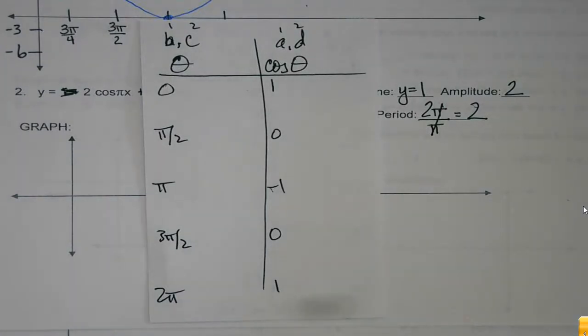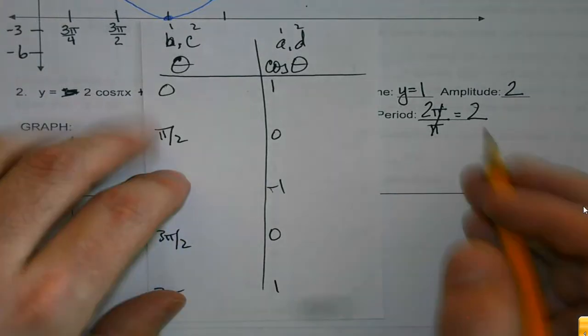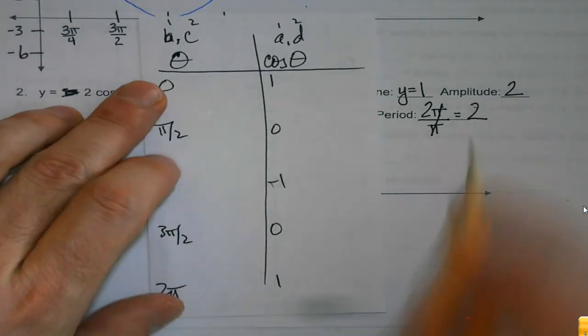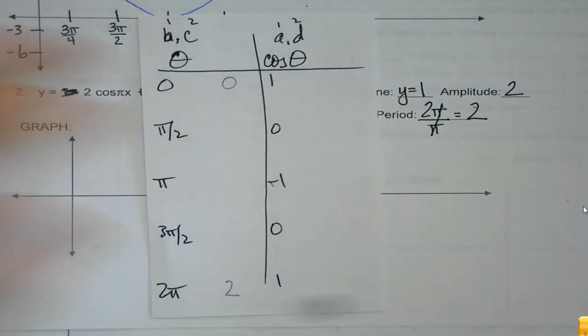So I start to take a peek at what's available. Okay, what's changing this time? Well, we're in the same situation again. I know that my period is 2. So when I'm looking at this, I'm going to start at 0. I'm going to end at 2.